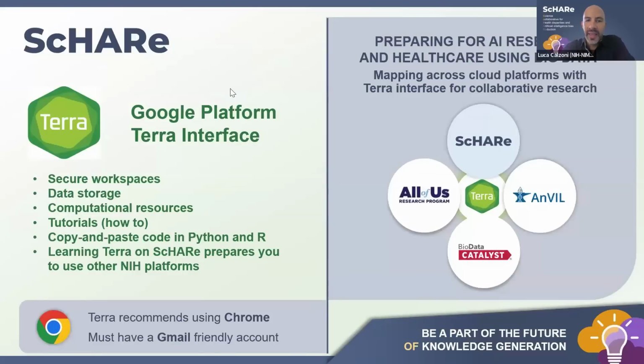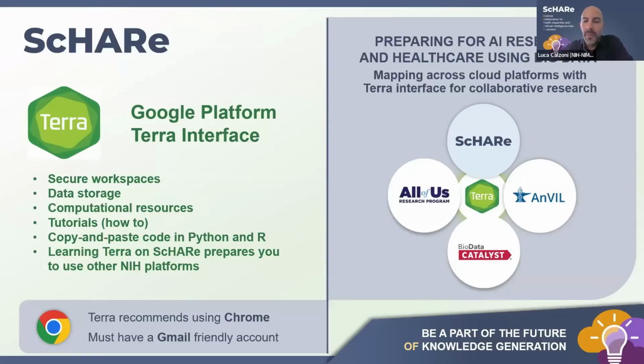ScHARe is powered by Terra. Terra is basically an interface to Google Cloud Platform. It offers secure workspaces, data storage, computational resources, and on our workspace, you will also be able to find tutorials and code that you can easily reuse, both for Python and R, to analyze, visualize, and plot data.